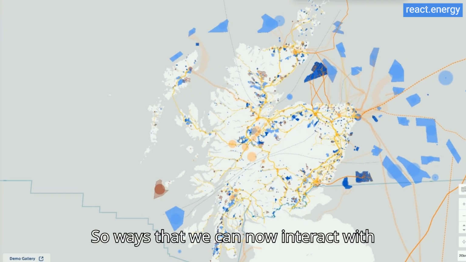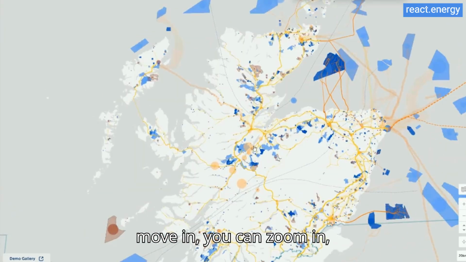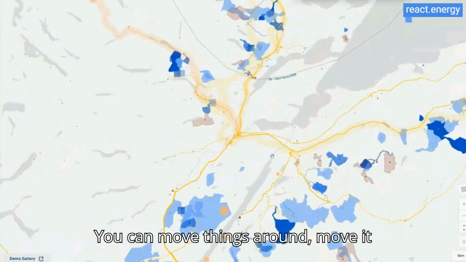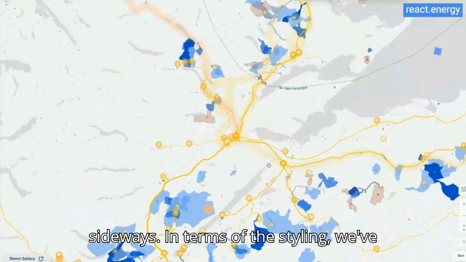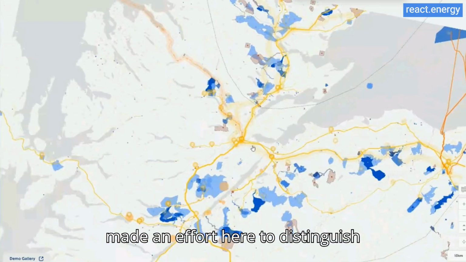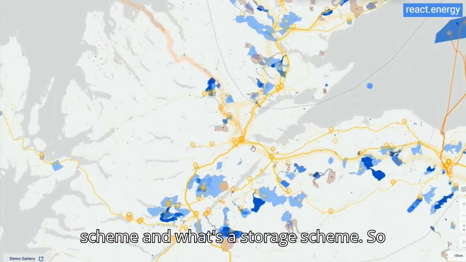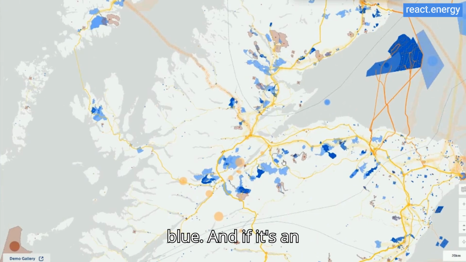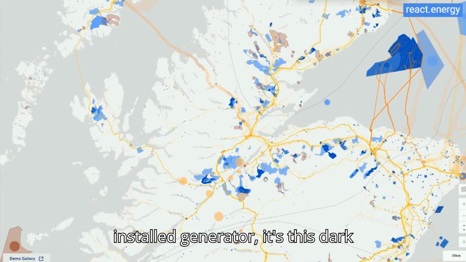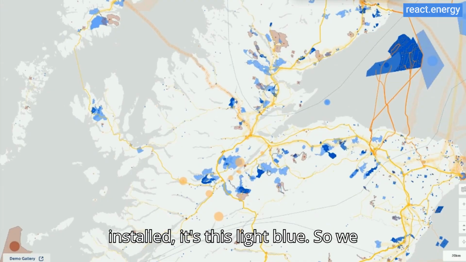So, ways that we can now interact with this. By default, you can zoom in and move things around, move it sideways. In terms of the styling, we've made an effort to distinguish between what's a generation scheme and what's a storage scheme. Generation we've styled as blue: if it's an installed generator, it's dark blue, and if it's planned but not yet installed, it's light blue.